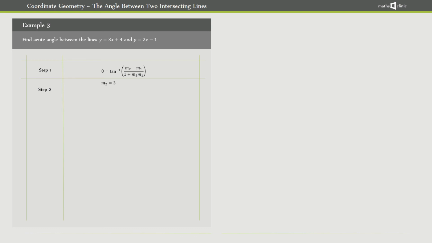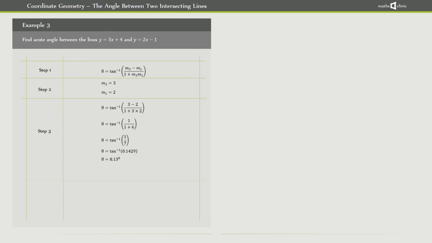So we have that m2 is 3 and m1 is 2. Now we can substitute those values into our formula, and we have theta = tan inverse of 1/7, so theta = 0.1429 and theta is 8.13 degrees.